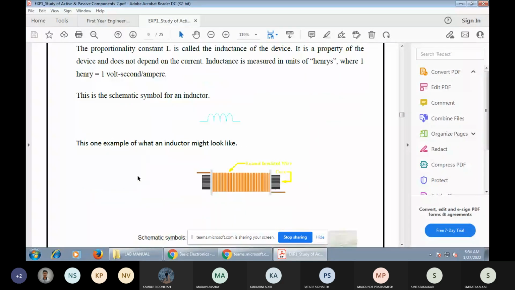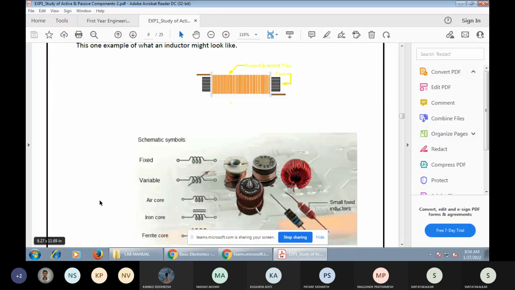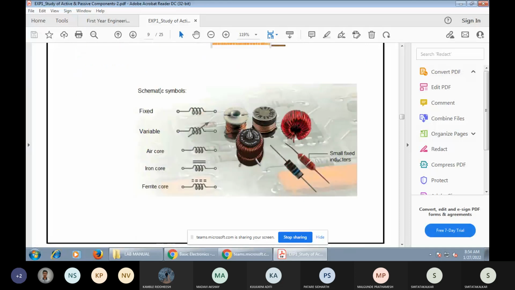You can see it, and then look at this. This is the inductor: a coil wound on a core with a plastic coating material. These are the types. Fixed inductors we can use for RLC circuits.